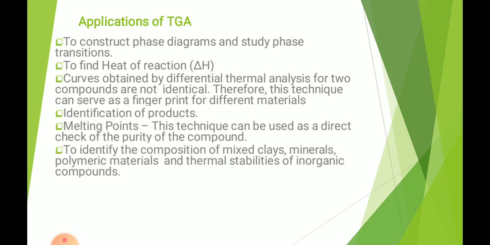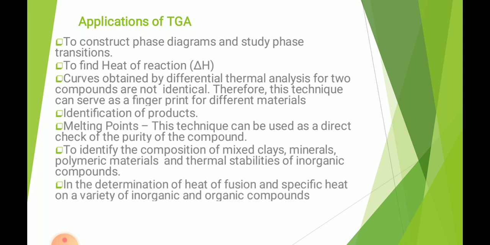Next one is to identify the composition of mixed clays, minerals, polymeric materials and thermal stabilities of the inorganic compounds. In the determination of heat of fusion and specific heat on a variety of inorganic and organic compounds.